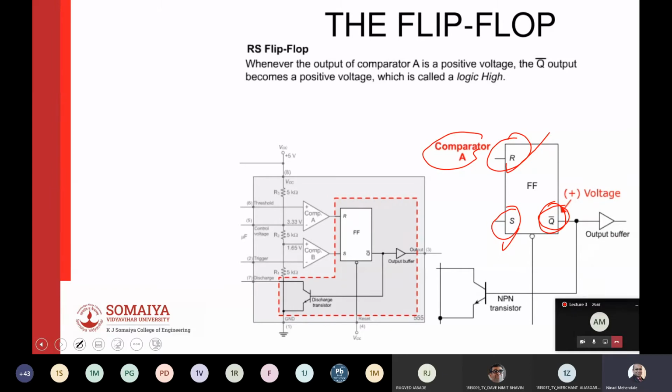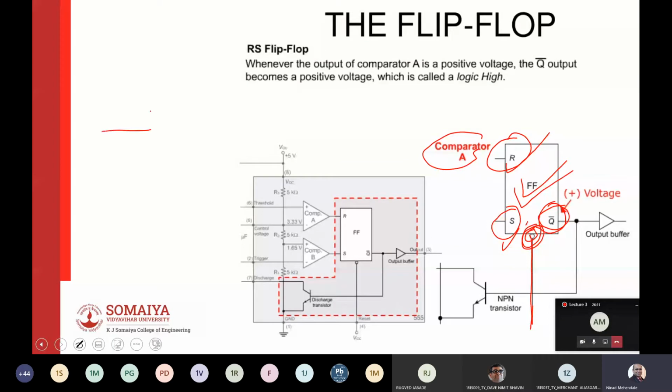Then this particular pin is the reset for the flip-flop itself. So whenever you apply a high voltage at this pin, this will reset the flip-flop, and the logic of a NOT gate is there. So the reset pin should not go low.